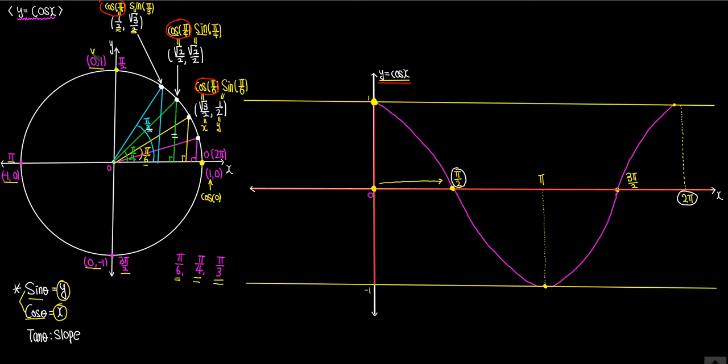And what is the x value? The x value is 0. That will be the cosine of the main angle, pi over 2 radian, inside the unit circle. So when it is pi over 2 radian, it will be equal to 0.